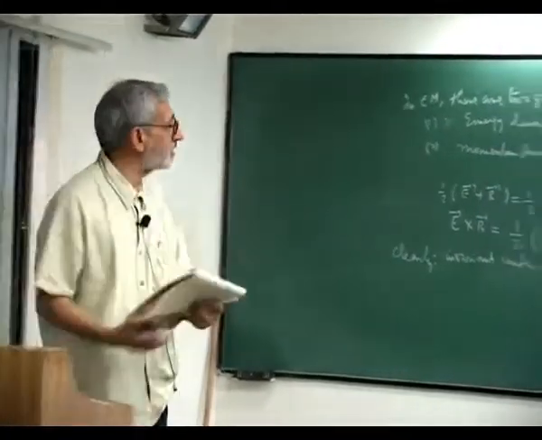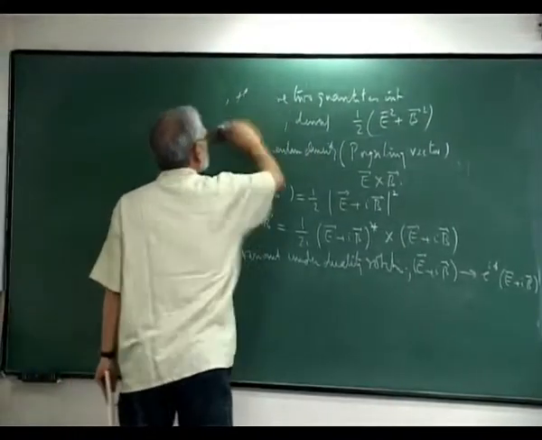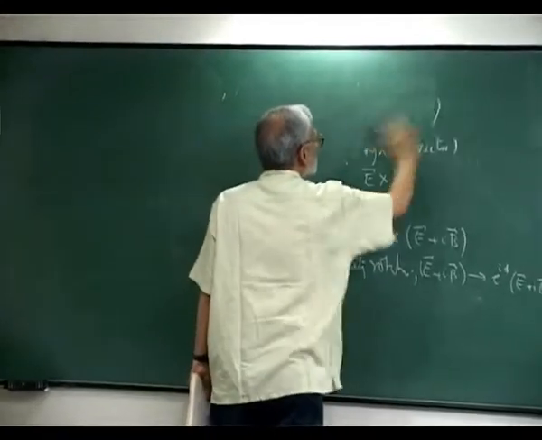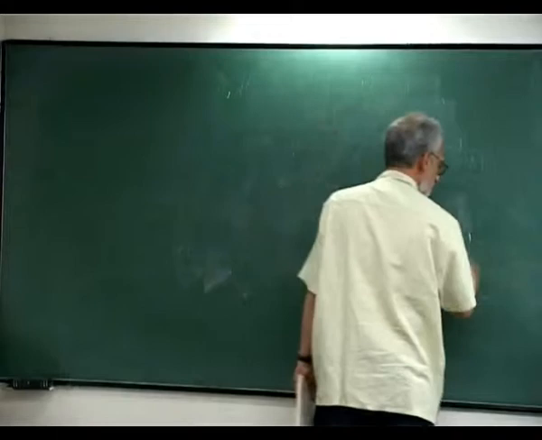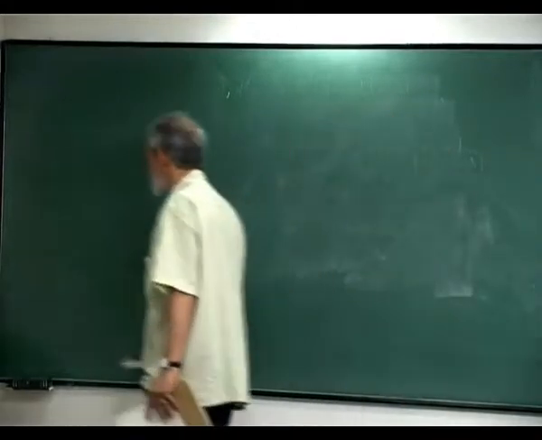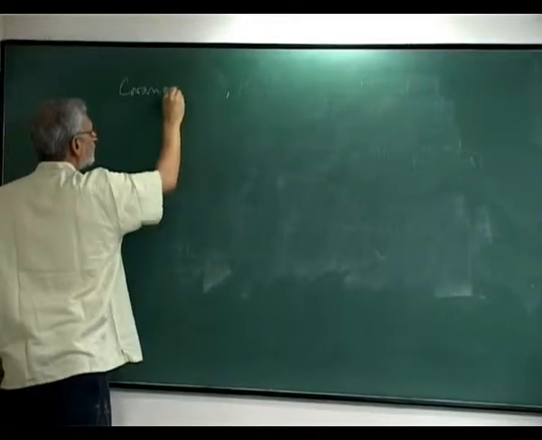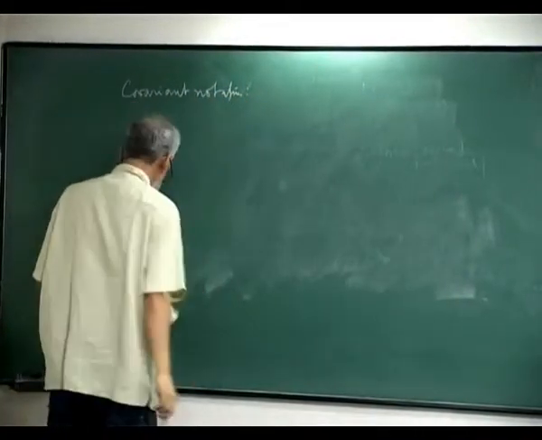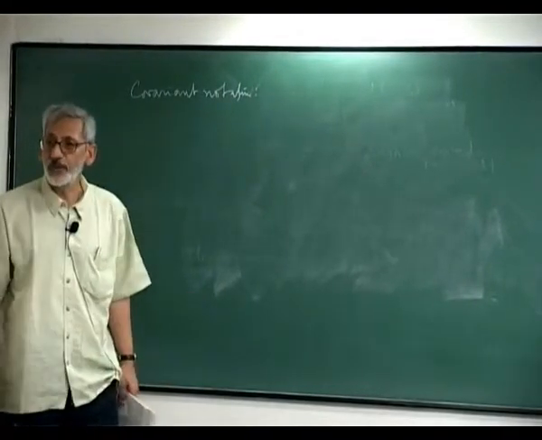Now, let me rewrite the same thing in covariant notation. Covariant notation was in terms of field strengths, F mu nu.